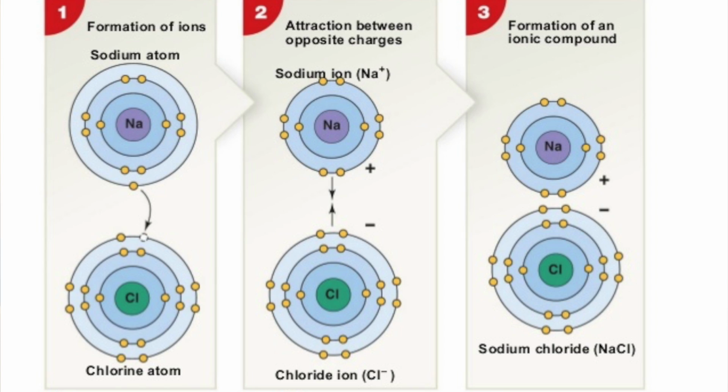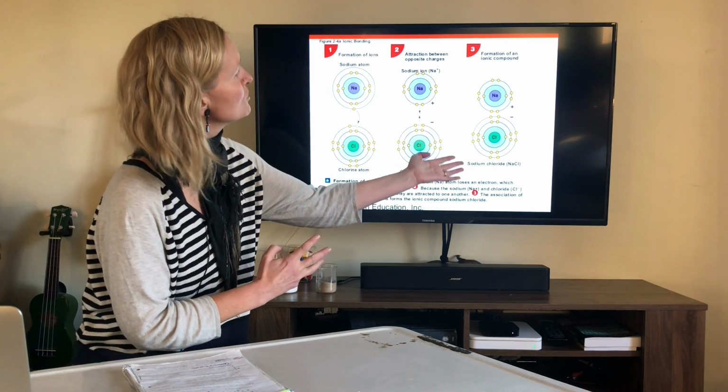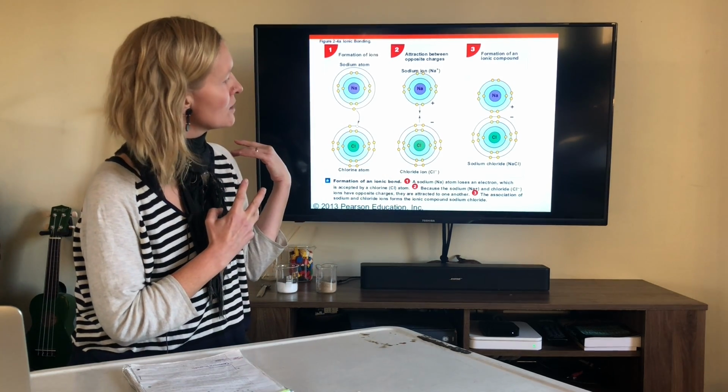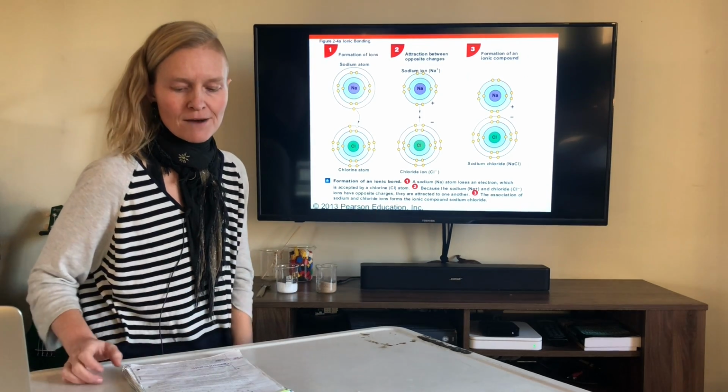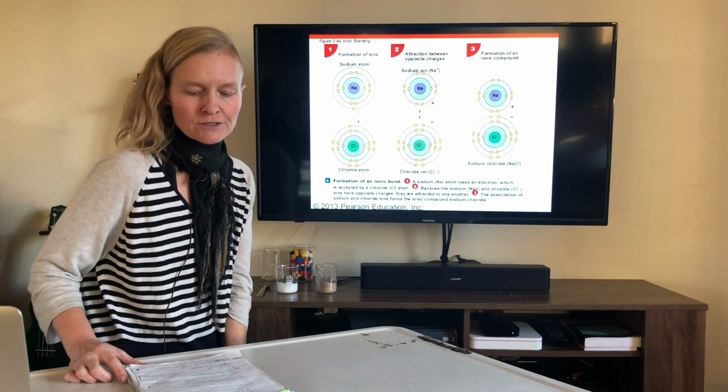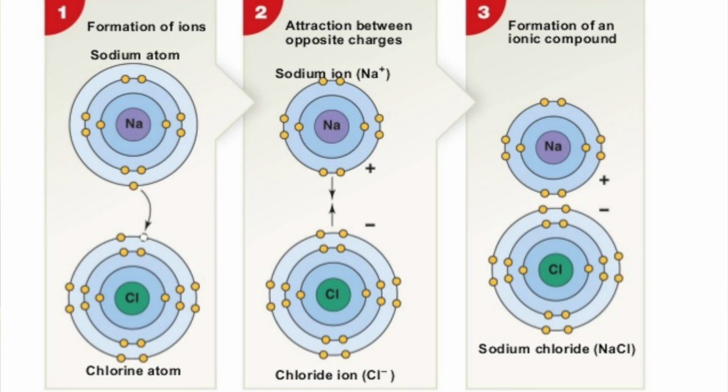The chlorine, with 7 electrons in the outer shell, would love another electron to balance it out and make it more stable. So both the sodium and the chlorine become ions. Chlorine now has 8 electrons, and the sodium also has 8 electrons in its outer shell, making it much more stable.